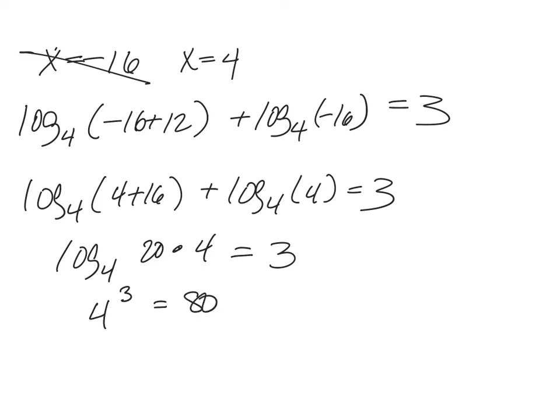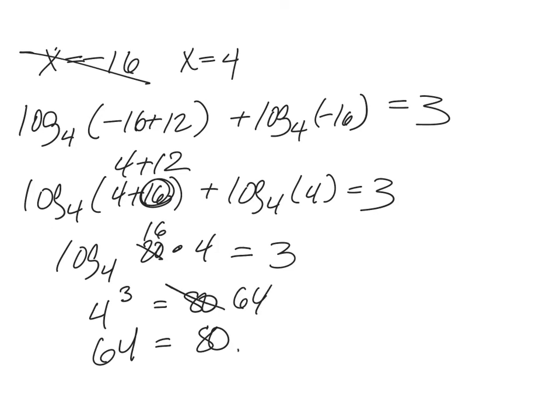That doesn't work. Does it? 4 raised to the third power, 64. I've made a mistake somewhere. Oh, right here. It's 4 plus 12. 4 plus 12 is 16. 16 times 4 is 64. Whew, that was a close one.